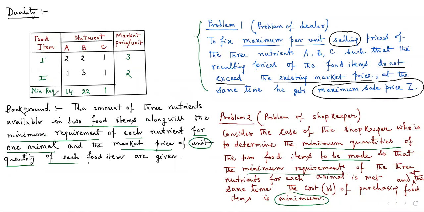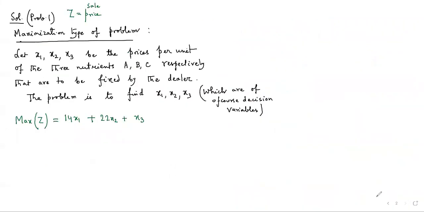If x1, x2, x3 are the per unit prices of nutrients A, B, C, then if the per unit price of nutrient A is x1, 14 units of nutrient A will cost 14 into x1.